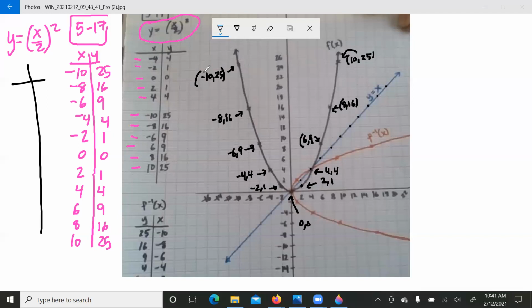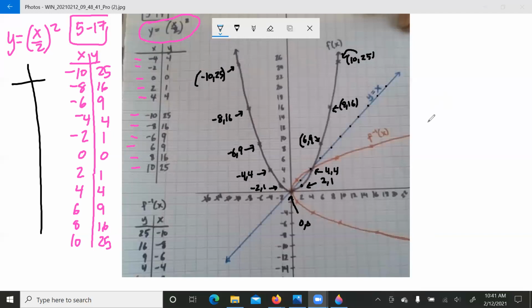Okay, so I just labeled all the points while you guys are doing that, just to give an idea of where they are.